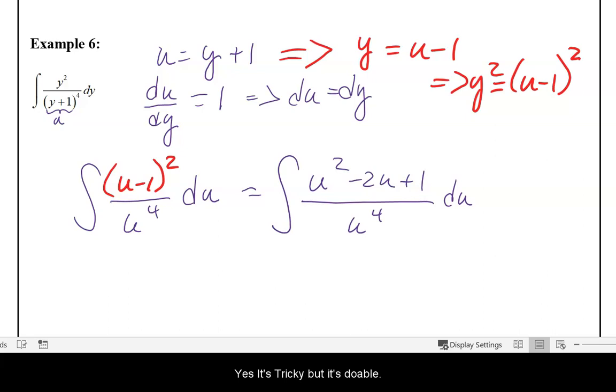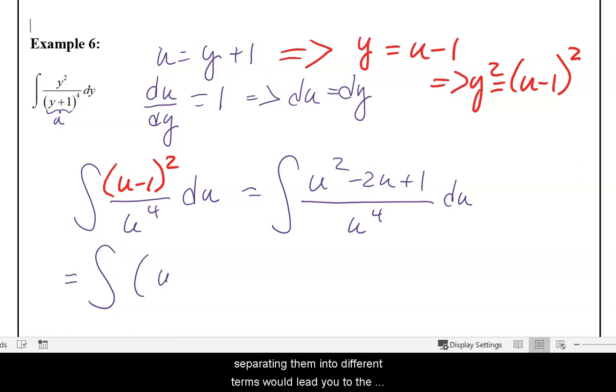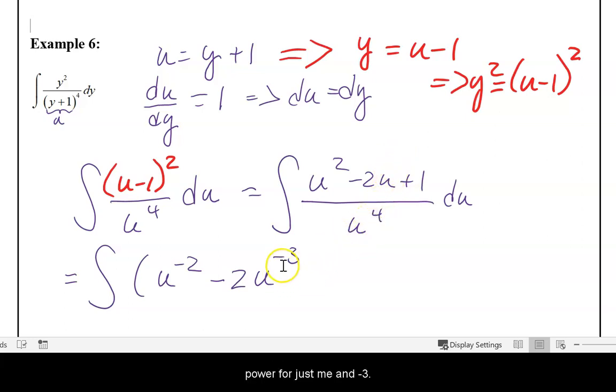Yes, it's tricky, but it's doable. Separating these into different integrals, or just separating them into different terms, would lead to u to the negative 2, since power 2 minus power 4 gives you power negative 2 when written in the numerator, minus 2u to the negative 3, since the understood power 1 minus power 4 gives me a negative 3, plus u to the negative 4.